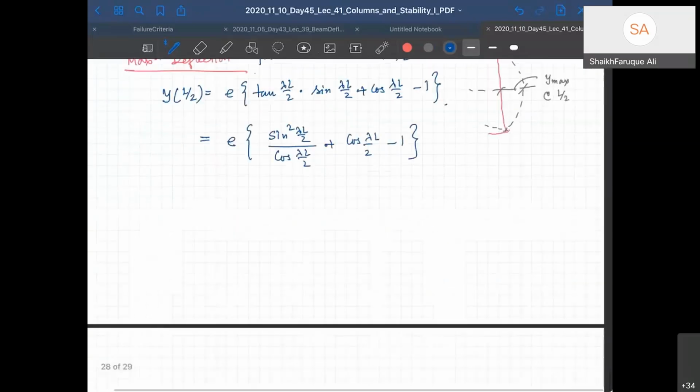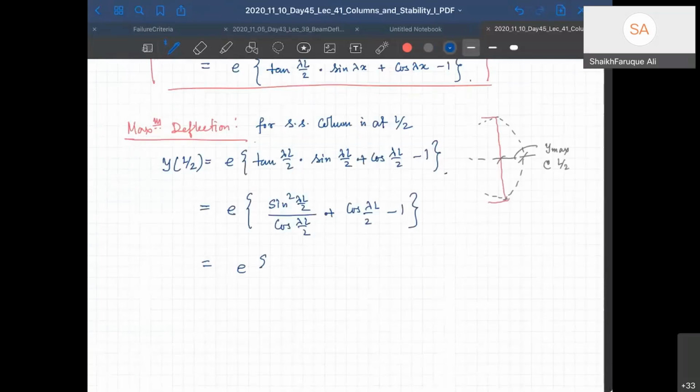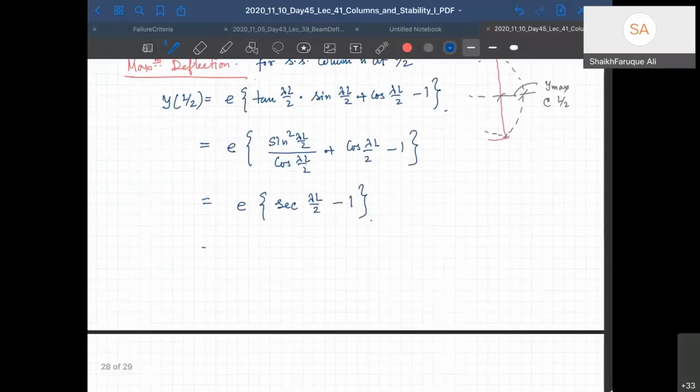If you add these two, this will become E into sec lambda L by 2 minus 1. Okay, so that's going to be your maximum deflection. Let me write it in terms of P: it is going to be root over of P by EI into L by 2. Okay, clear? So that's going to be your maximum deflection.